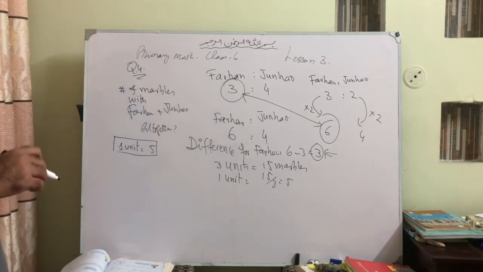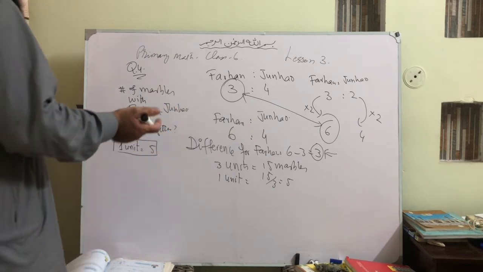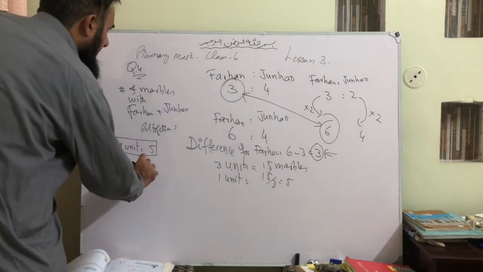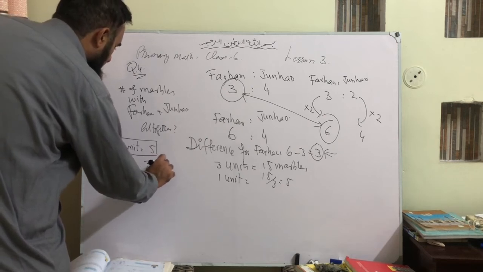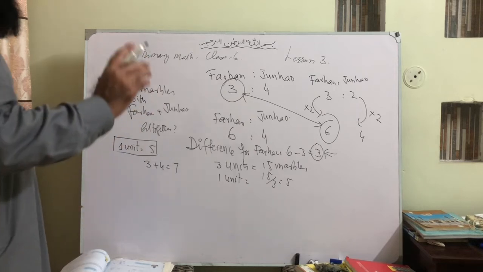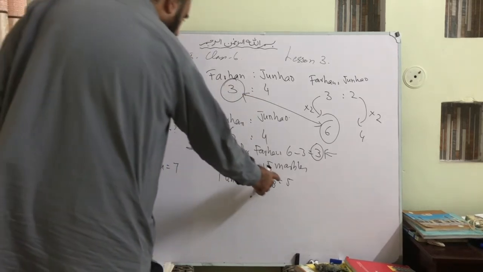The question was, how many marbles did Farhan and Junhao have altogether at first? So first they had 3 and 4. It means they were having 3 plus 4, which is equal to 7 units. 1 unit is equal to 5.